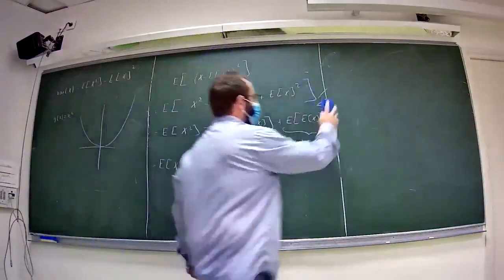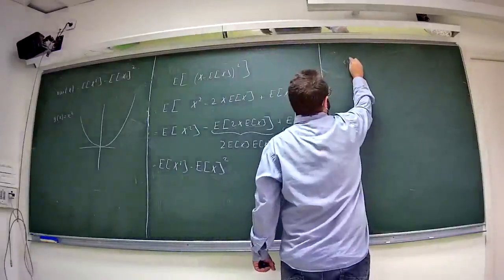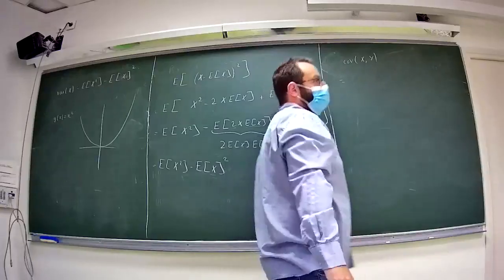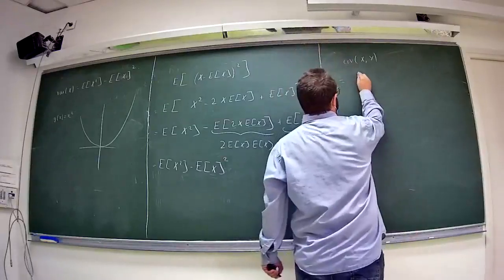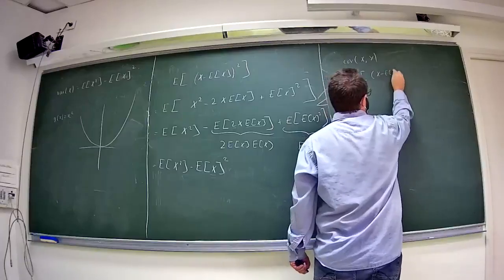So I just erase this. I define the covariance this way. It can be defined in two ways.